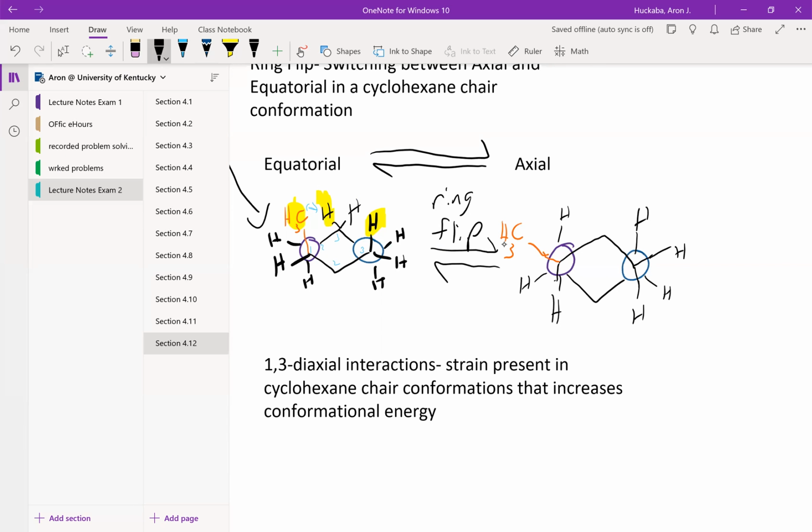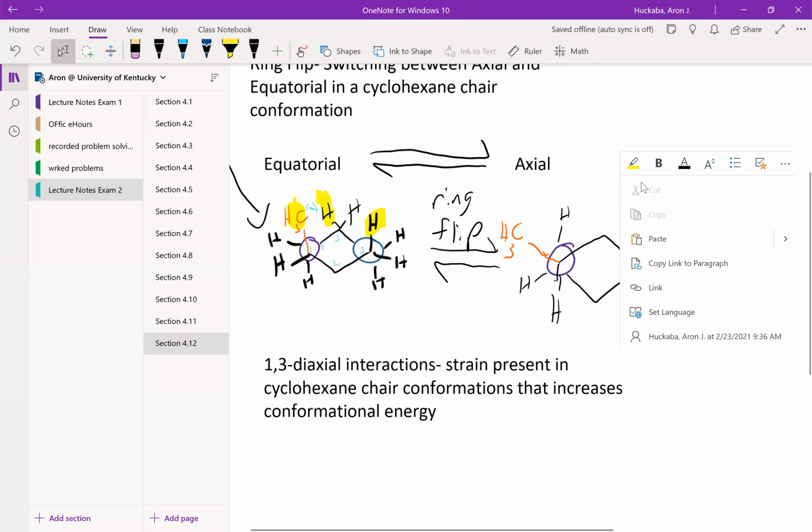And so now, looking at these, the 1,3 diaxial interactions that we just had previously because of the axial conformation of the previous CH3 are now gone, because the CH3 is in an equatorial position.